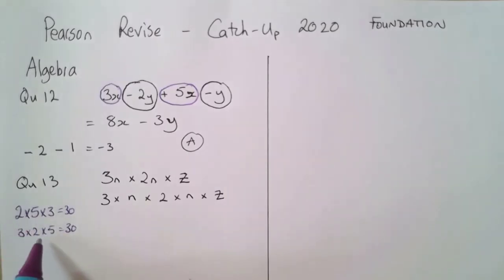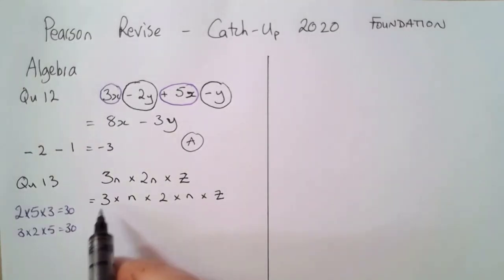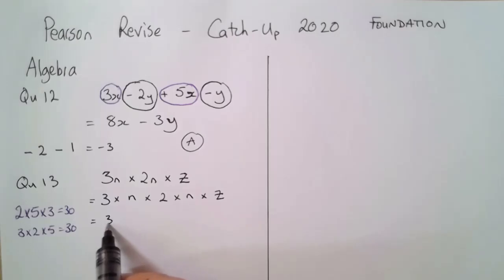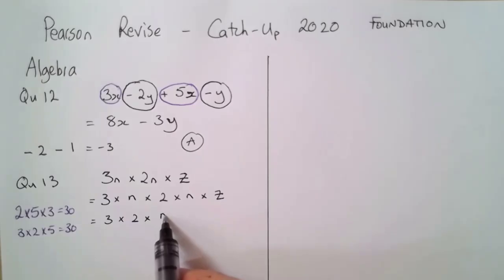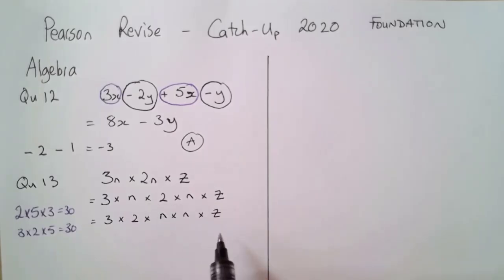Commutativity says that we can move the numbers round and it doesn't make a difference to the actual answer, and that is what I'm going to use here. I like my 3 multiplied by 2 because I know what to do with those. Then I'm going to multiply my n and my n, and then I've got my z left over at the end. 3 times 2 is 6. n multiplied by n is n squared, and then we've just got the z afterwards.